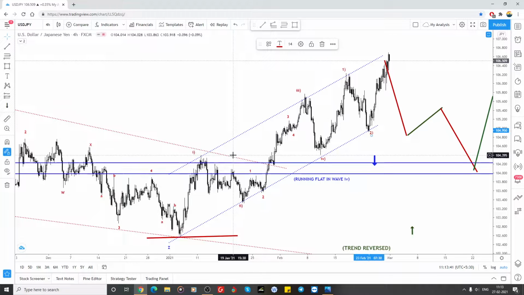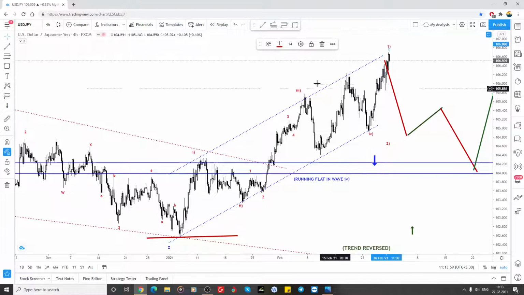That fourth wave, if it touches this, overlaps also, it's possible in the leading diagonal pattern. So that is not a worry. For me, it looks correlated to gold and the chef.